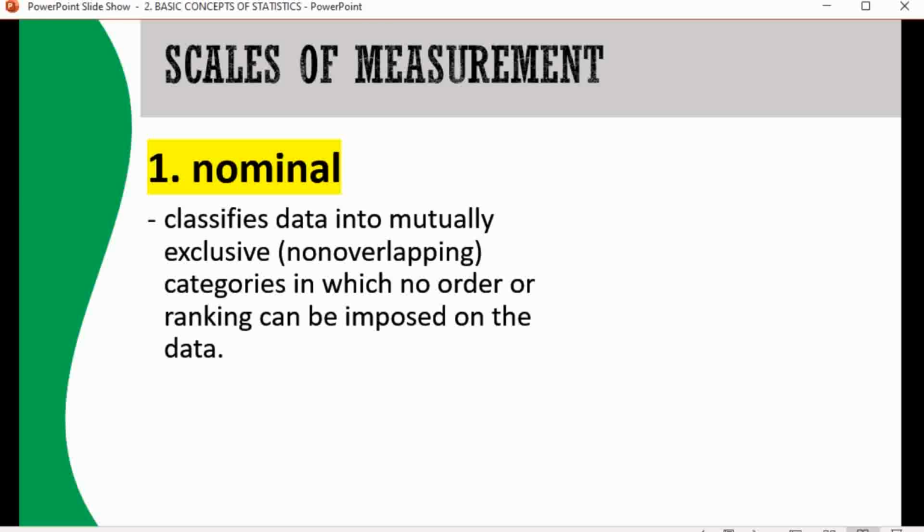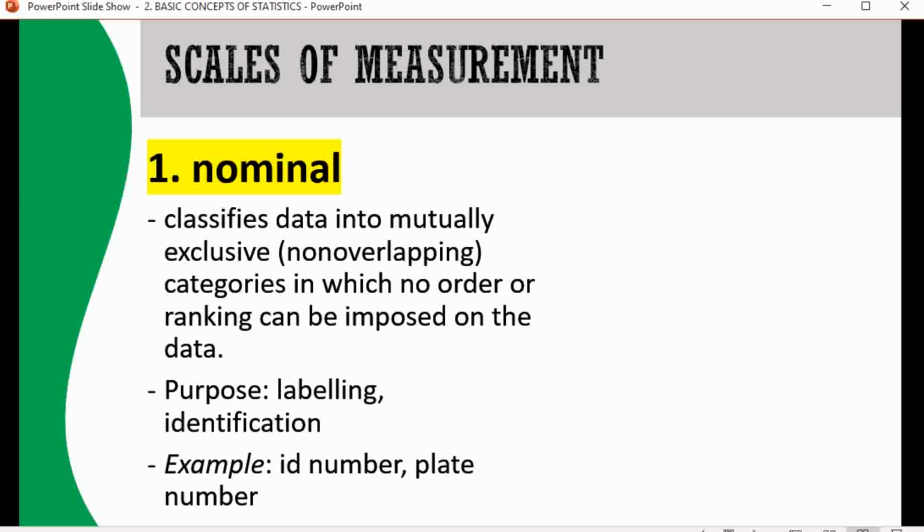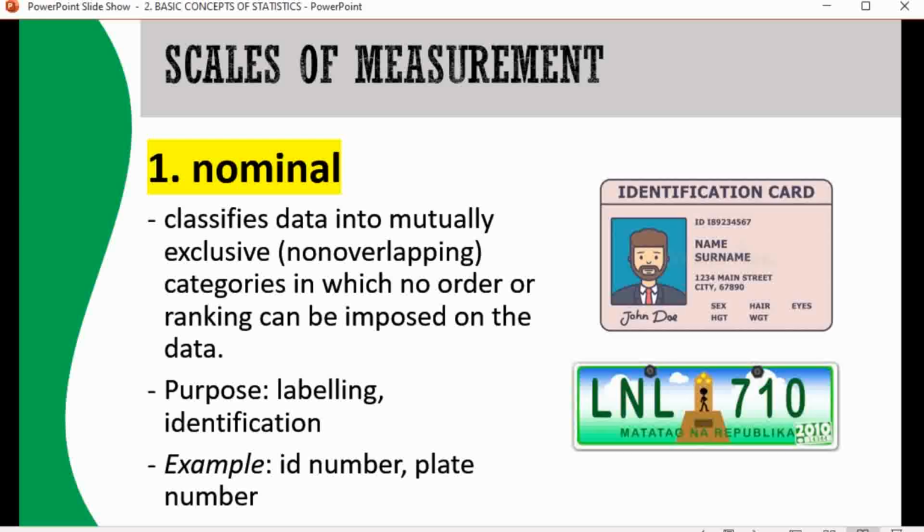So nominal means we just label things. Use it for identification. So the numbers here are simply a representation of something. Example, ID number, plate number. In cases of ID numbers, you cannot use the number for anything. For instance, you answer a yes or no question where you label yes as 1 and no as 0.